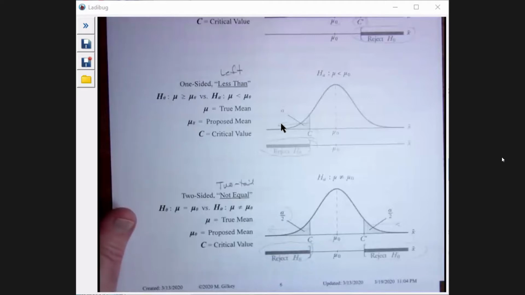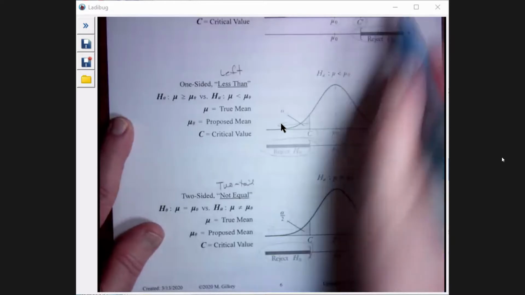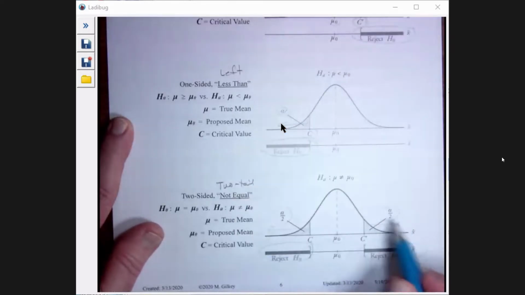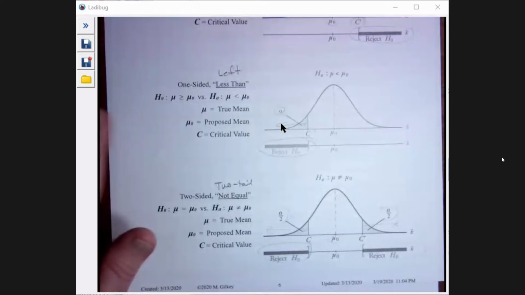Would it be the inverse one? Yes, that's exactly right. NORM.S.INV, because here I have probability. These are not real world values. These are probabilities. We did a bunch of these in chapter 7.